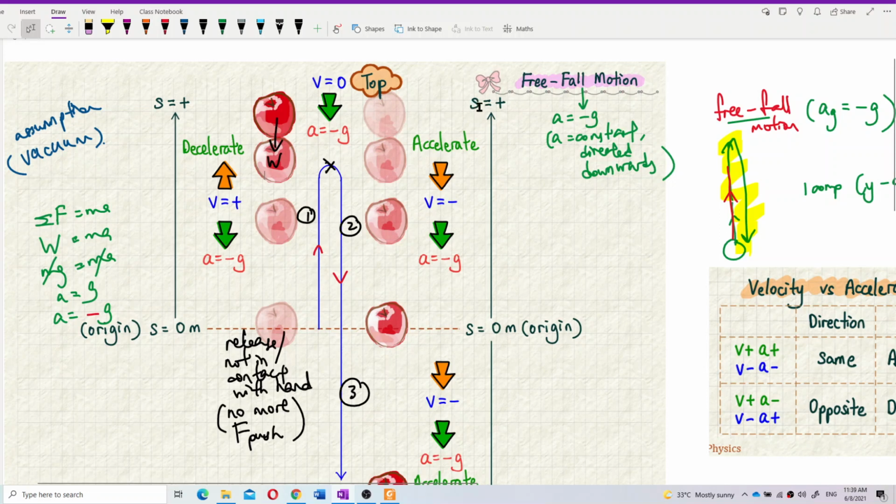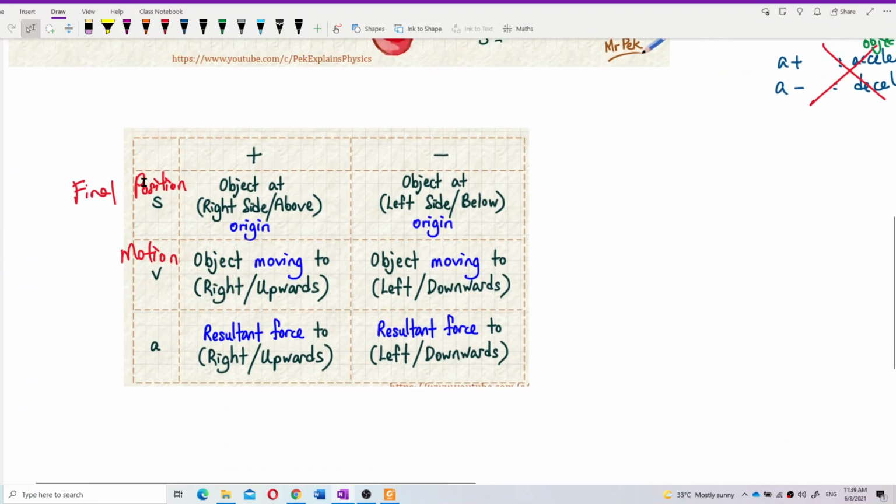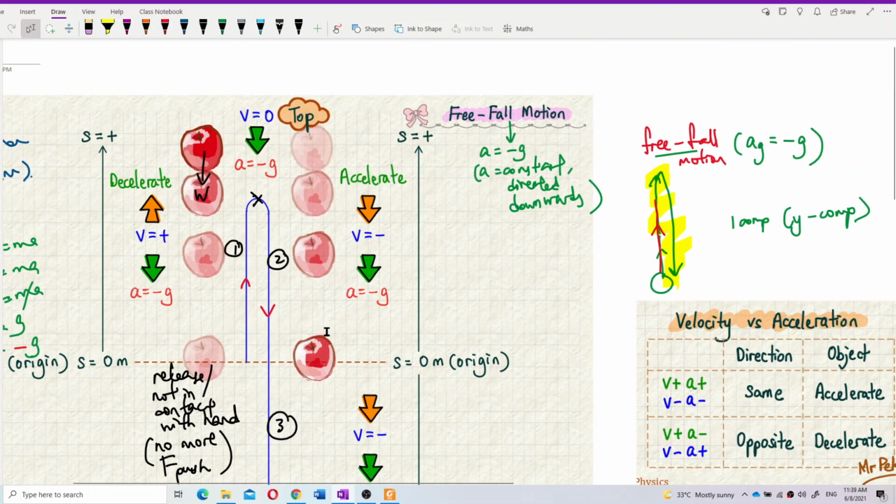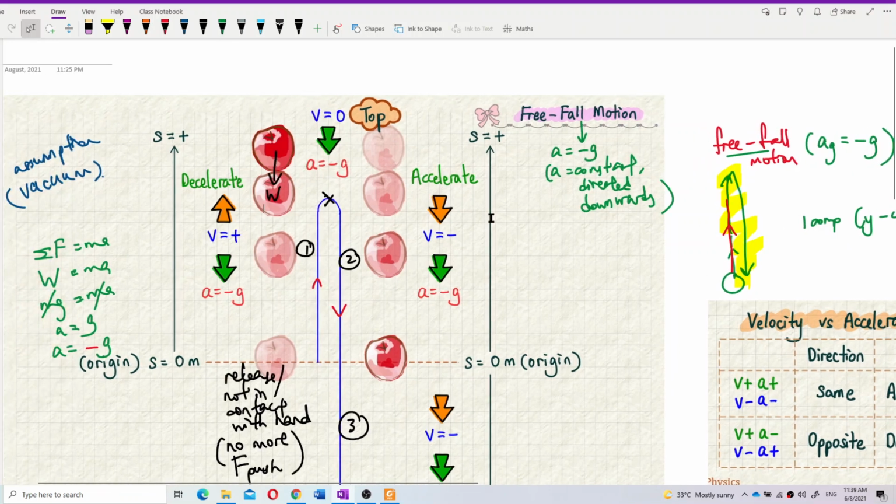The position is still positive displacement, because the final position compared to the origin is still above the origin. So when the final position is still above the origin, the displacement is positive. All of these positions are still above the origin, so displacement is still positive.